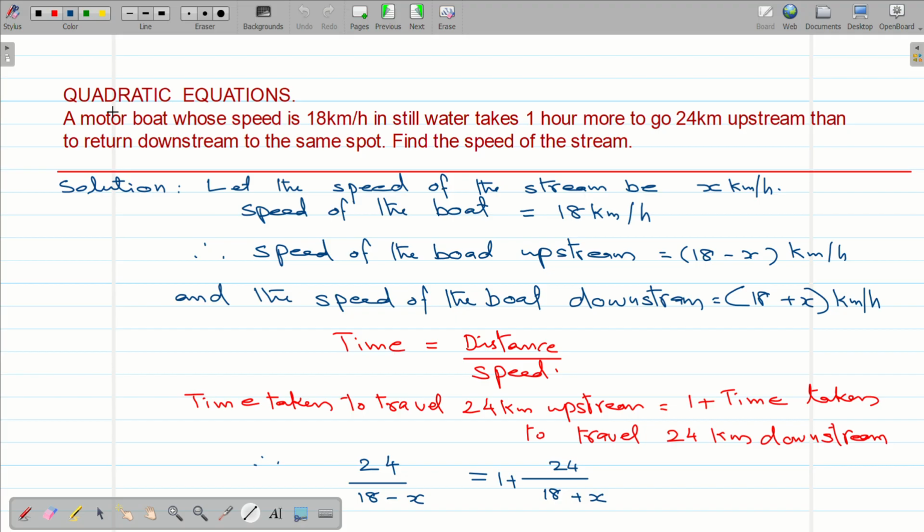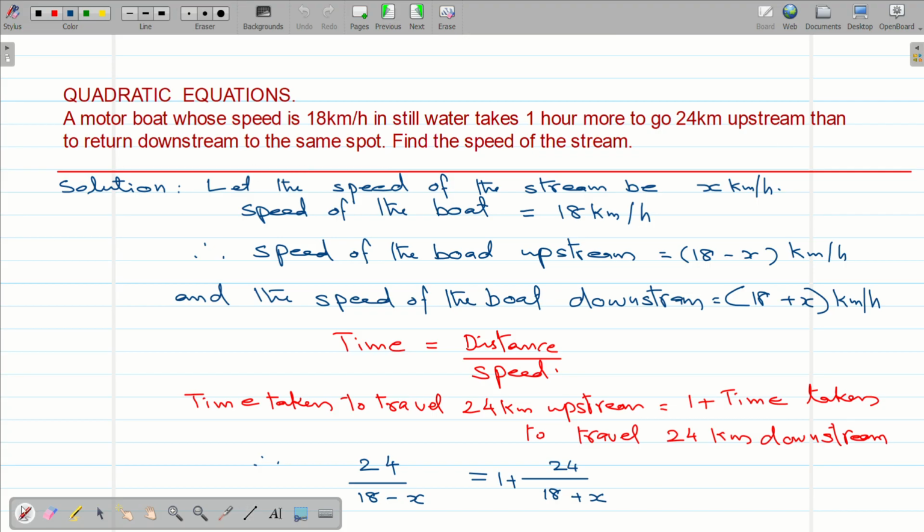Quadratic equations. A motorboat whose speed is 18 km per hour in still water takes 1 hour more to go 24 km upstream than to return downstream to the same spot.